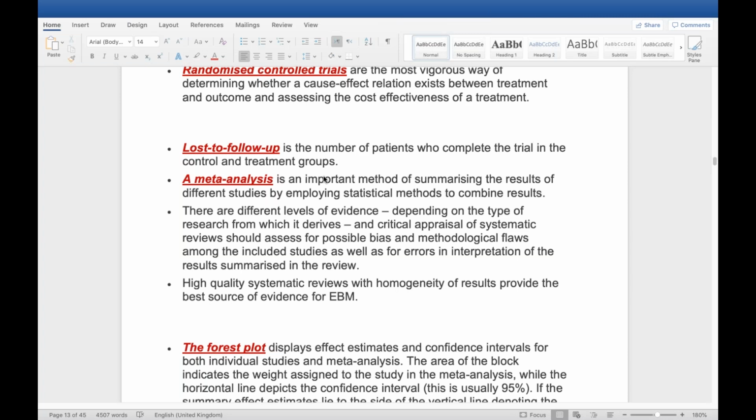And when you do your analysis, maybe by the end of the study, you have now 900 in your experimental group and 950 in the control group.